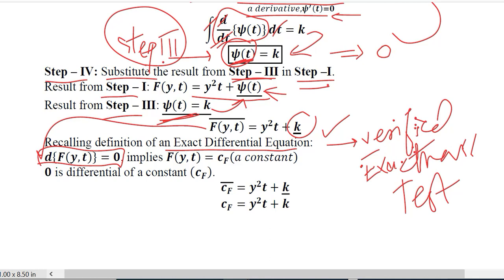This was the condition of it, and if it is equal to 0, then originally it would be a function which had a constant on the right hand side, the differential of which is equal to 0. So, instead of writing f y t, I can write c f, which is the constant generated here due to the differential that we have calculated. So, instead of this I can write a constant, and I can carry this to the next step.